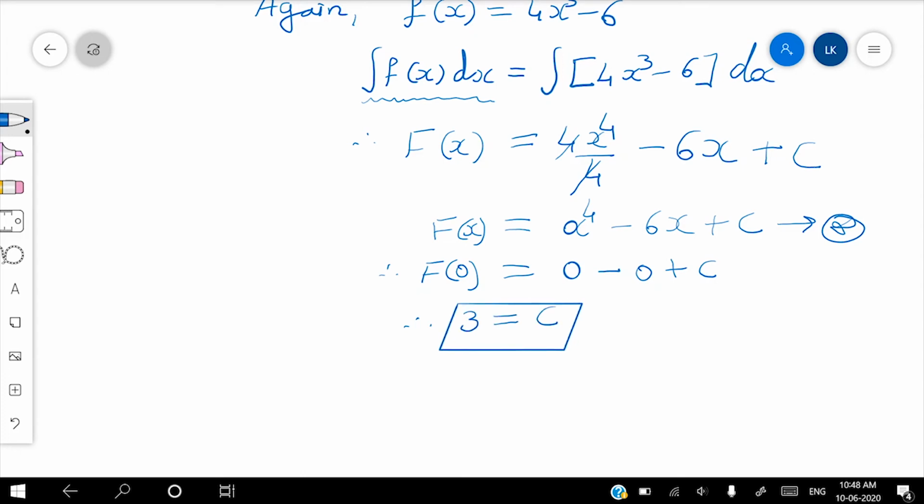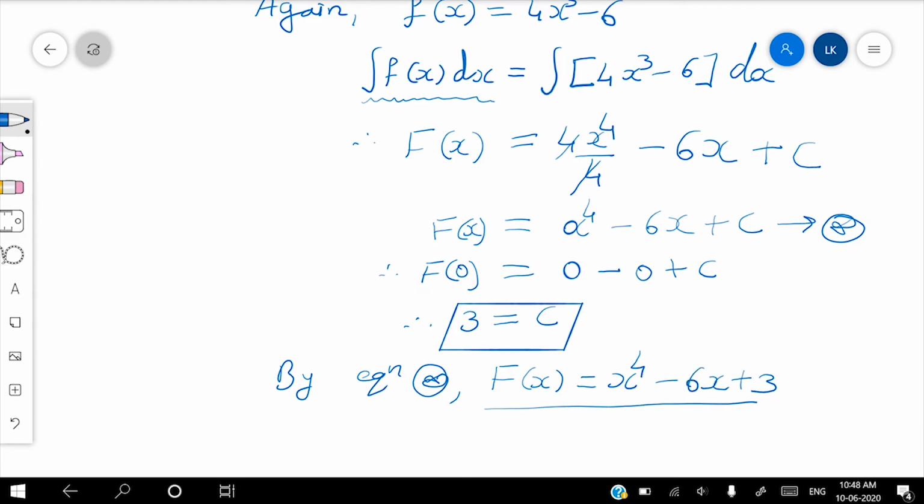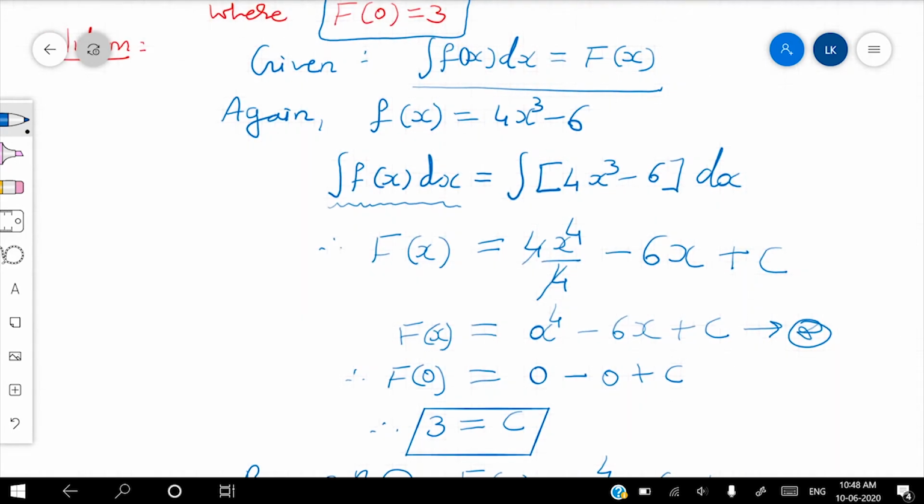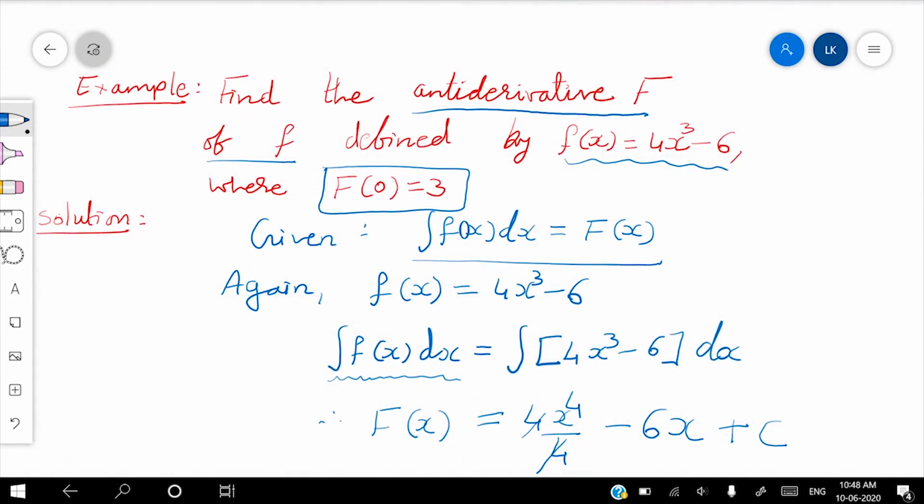It is given 3. Simplify it. Therefore, the value of c is equal to 3. Again, substitute this value of c in equation star. Therefore, by equation star, F(x) is equal to x raised to 4 minus 6x plus 3. Okay, this is our final answer.